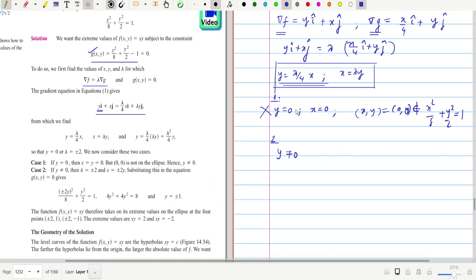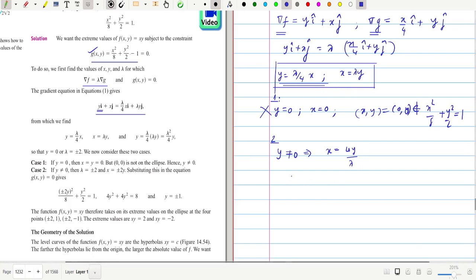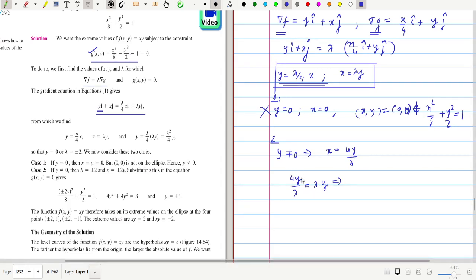From the first equation, y not equal to 0 implies x equal to 4y by lambda. Then you can get 4y by lambda is equal to lambda y. Since y is non-zero, you can cancel this.